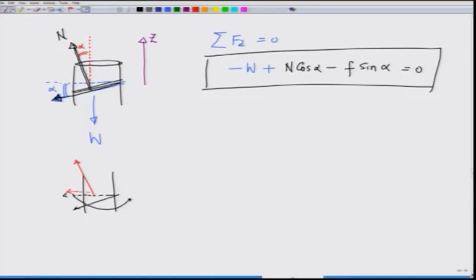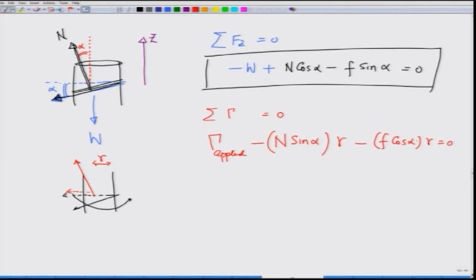Therefore, summation of torque equal to 0, just when the screw is about to move up, is going to give me that the torque applied, which I will take to be the positive direction, minus the horizontal component of the normal reaction, which is N sine of alpha, and let the radius of the screw be r. So, this is r out here, minus F cosine of alpha times r should be 0. That is my equation number 2.